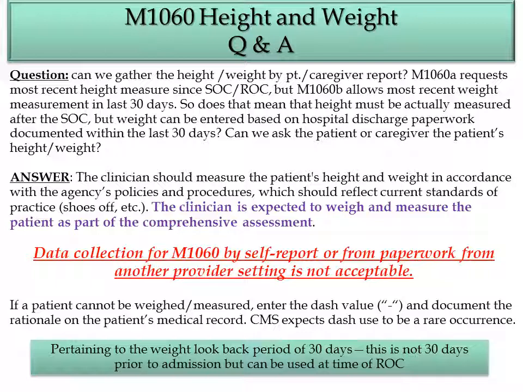And pertaining to the weight look-back period of 30 days, this is at resumption of care only. So you can look back 30 days if the start of care is within that time frame, then you can use that information. But the 30-day look back does not count at start of care because you are supposed to be measuring it at that appointment.